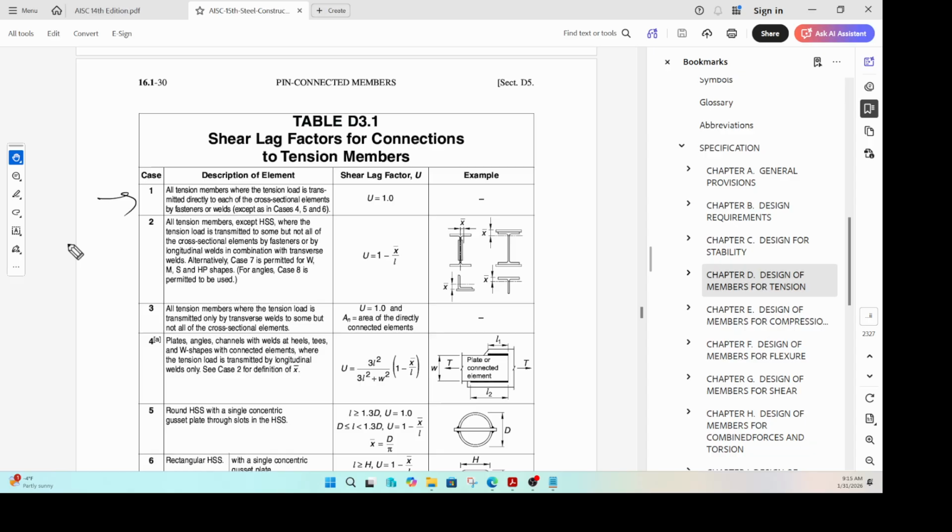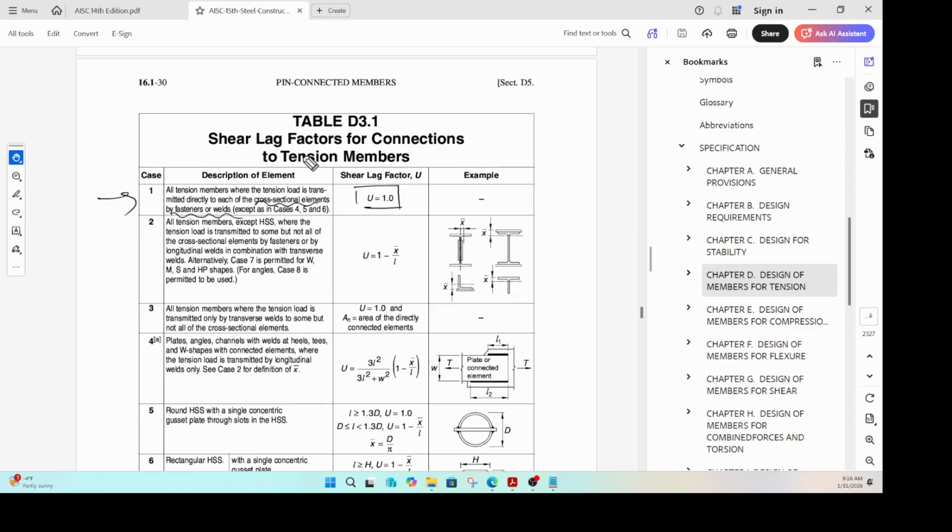This one is saying that when you have a tension member that has all its elements connected, then the U value is 1.0. The exact verbiage is: all tension members where the tension load is transmitted directly to each of the cross-sectional elements by fasteners or welds, U equals 1.0.